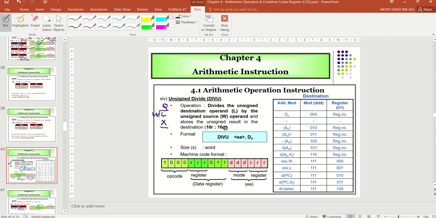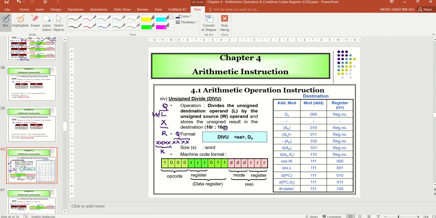Then you need to subtract, L minus X, so the remainder is what we call R. The format of the final answer must be in long word. This one is the remainder, this one is the quotient. This is how to write the answer.